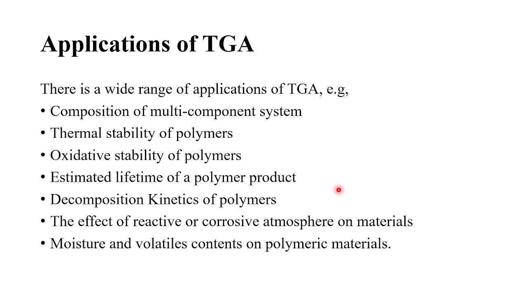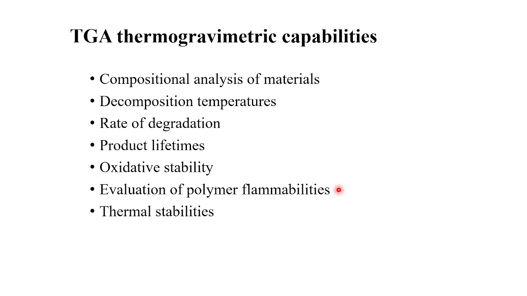Also from TGA you can get information about decomposition kinetics, the effect of reactive or corrosive atmosphere on the material, and the moisture and volatile content of a polymeric material. So these are the different areas where you should go for TGA analysis.